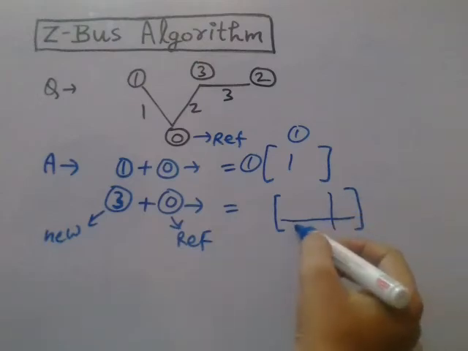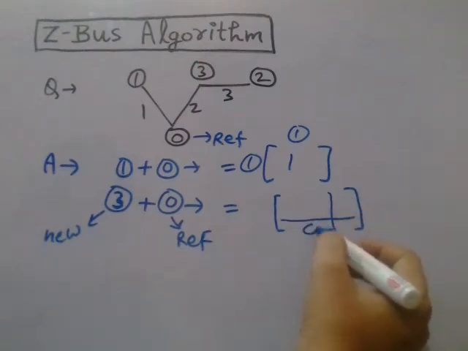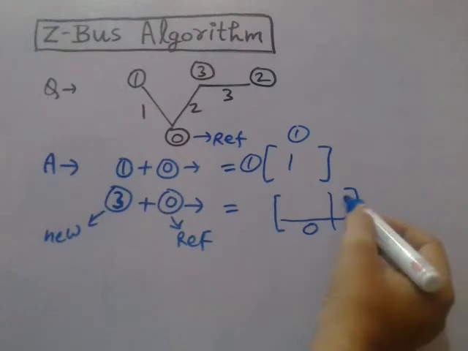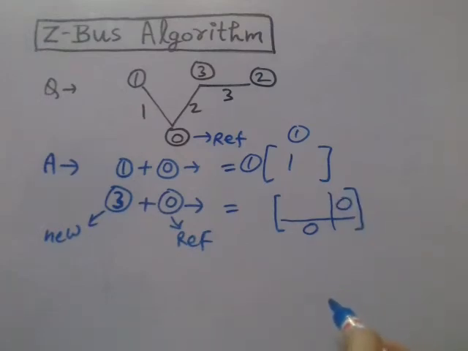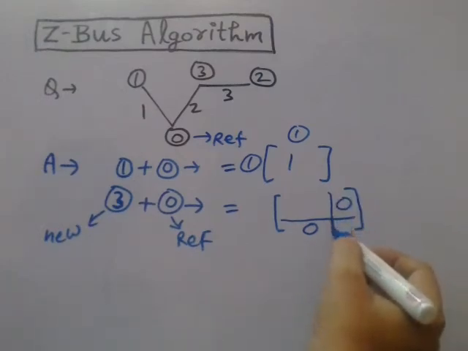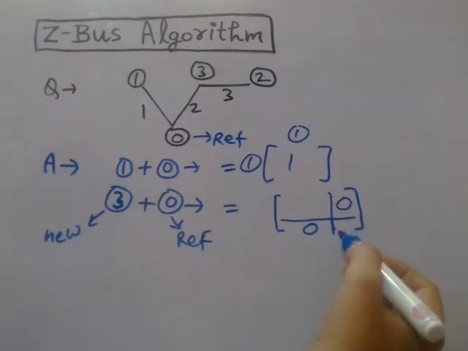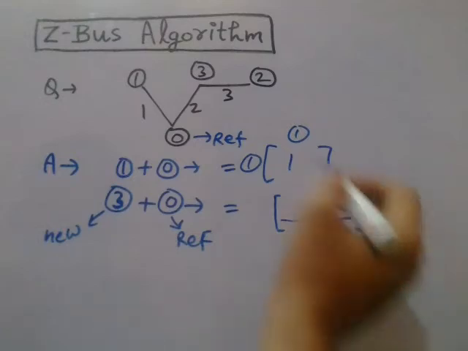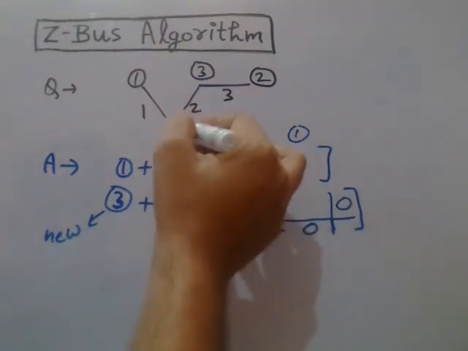In that case, the last row element will be 0 and here also 0, and the last column and last row element will be ZB. ZB is the branch impedance that is being added.